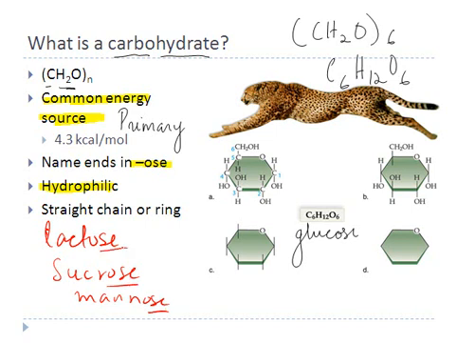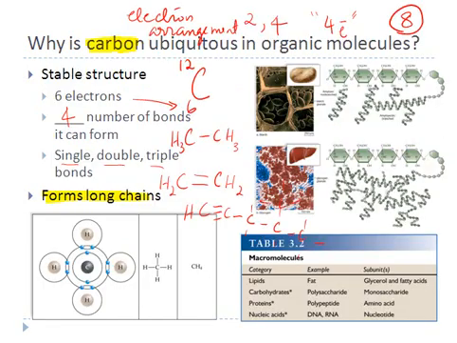Now, carbohydrates can be present as straight chains, or they can be in a ring. These are examples in which you see carbohydrates in a ring form, individually. Let me go back to a slide from the previous section.